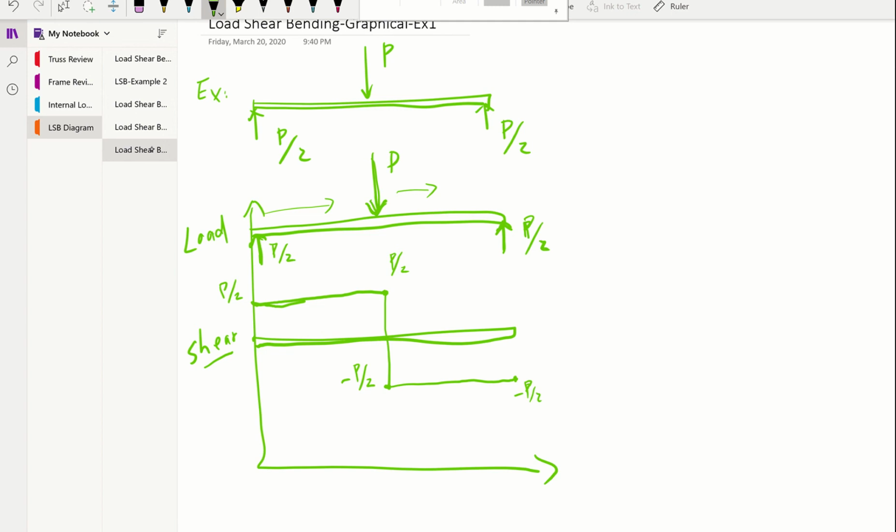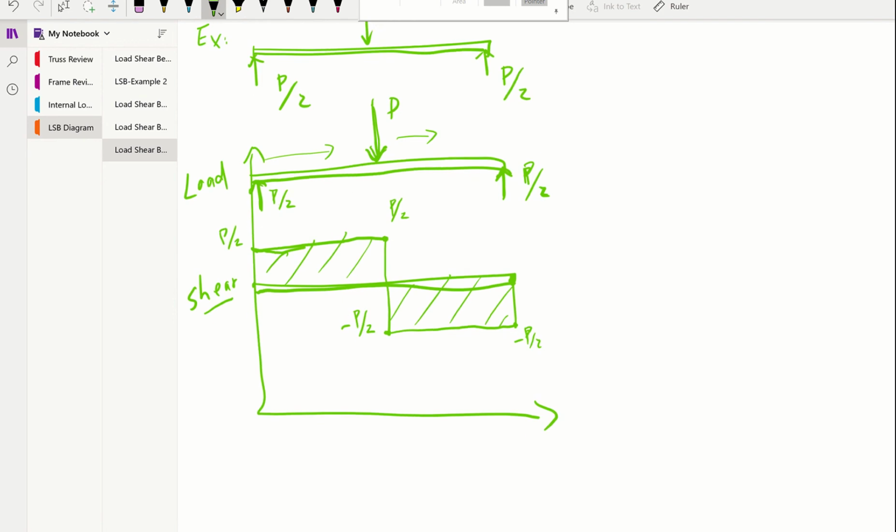So from negative P/2, jump up P/2, and that gives us back to 0. That's our shear. Pretty interesting, right? Without doing any free body diagram, without any equilibrium equation, you got the shear profile for this beam. Pretty handy.